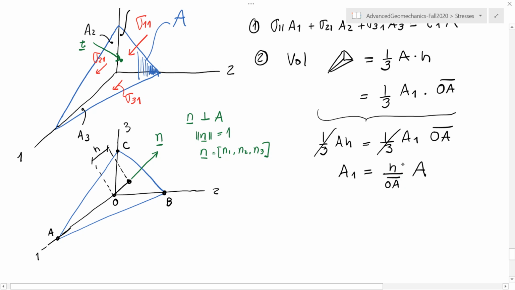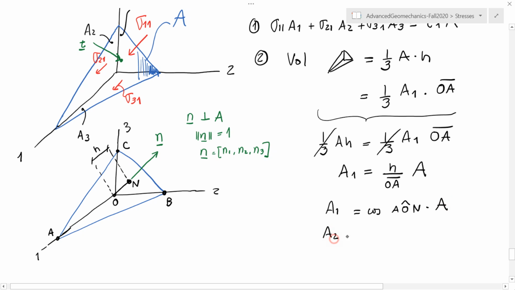And h divided by the distance OA is actually going to be a cosine. And it's a little bit easier to see in the other planes, but let me write the equation first. Area A1 is going to be equal to the cosine between A, the origin, and N, where N is this point on the plane A, times A.